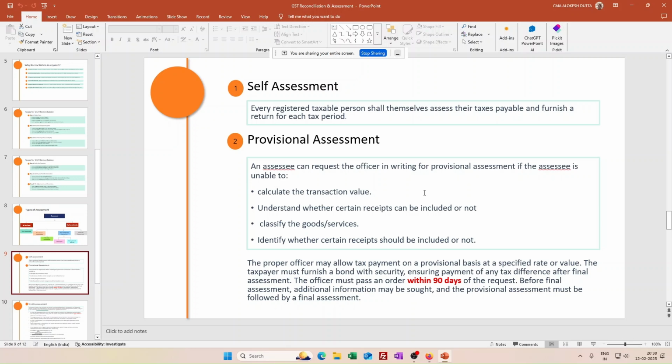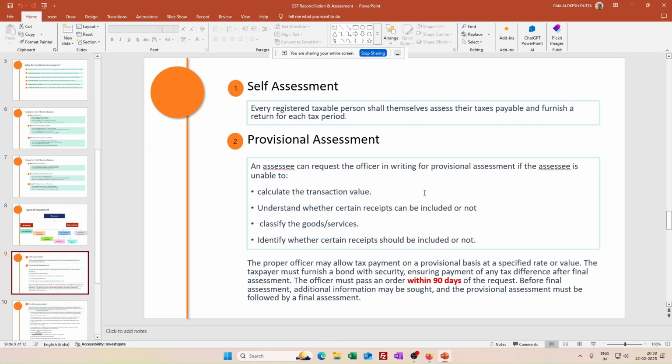In some cases, it is very difficult to identify the place of supply. As you know, GST is a destination-based tax. That means where the actual recipient resides, tax will be calculated as per that place. So place of supply is very, very important.